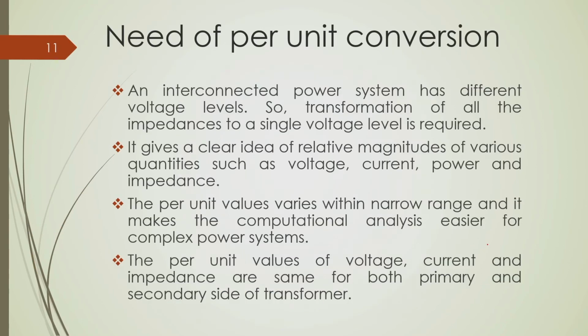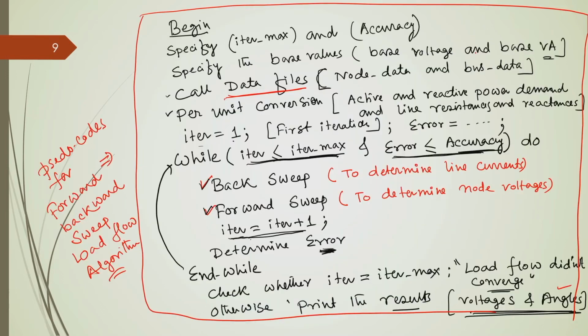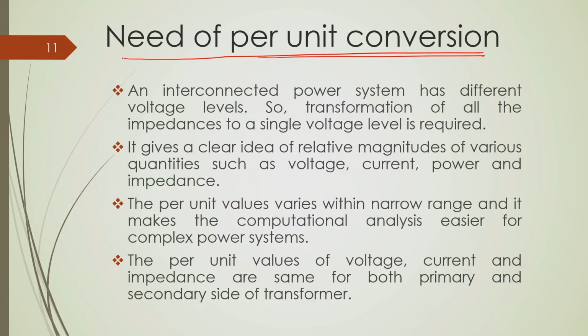Now, there is some important information that one needs to understand: first of all, why we do the per unit conversion. As I said, before execution of the program, we need to follow the per unit conversion of all the available information like active and reactive power demand and line parameters. Okay. Now, why do we do this?